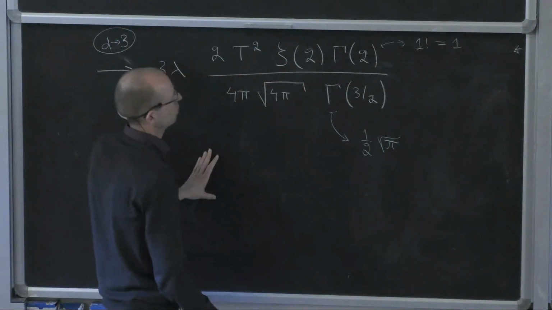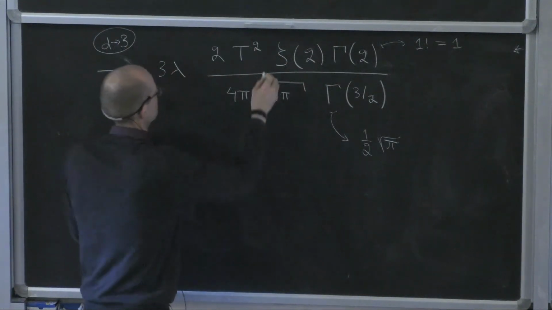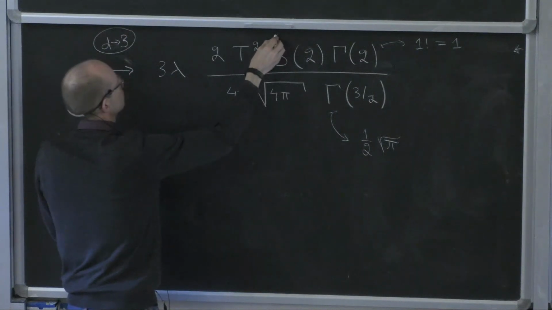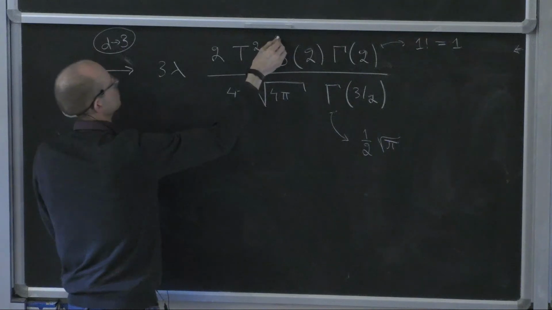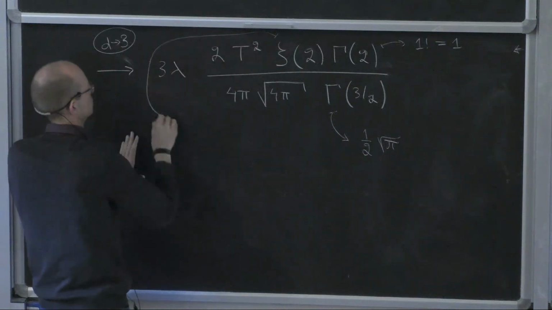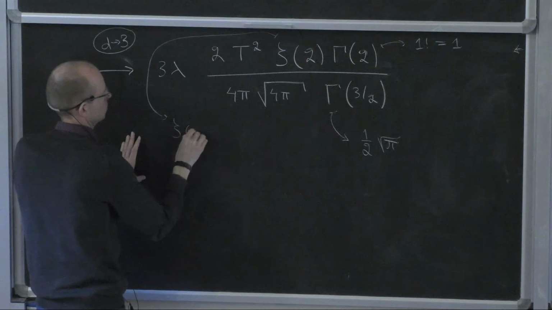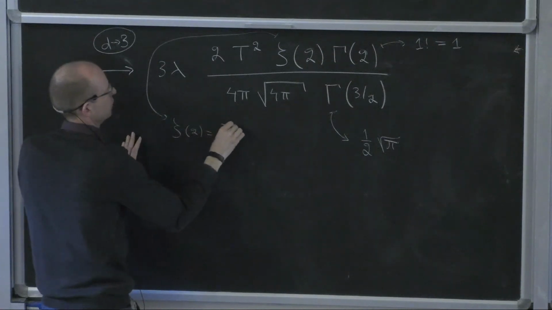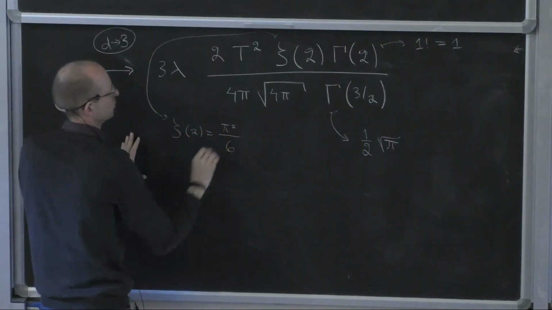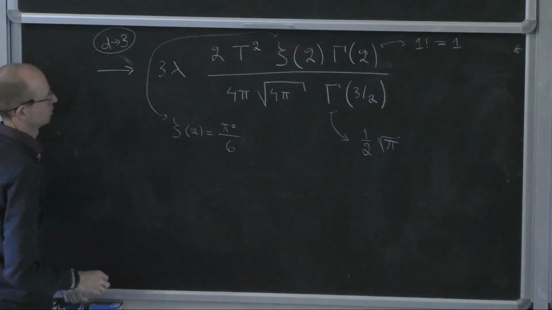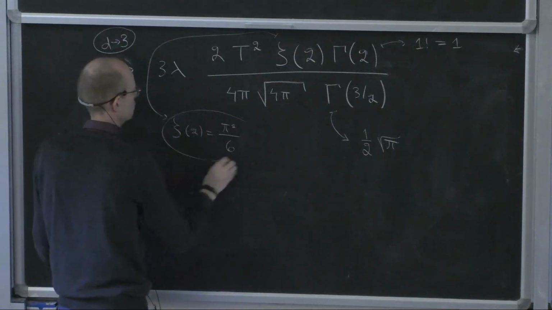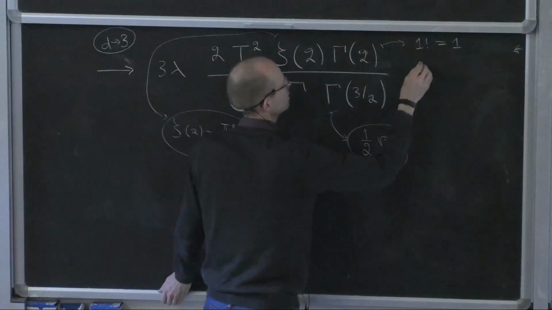The interesting part is then zeta of 2, and zeta of 2 is pi squared over 6. So we substitute these things.